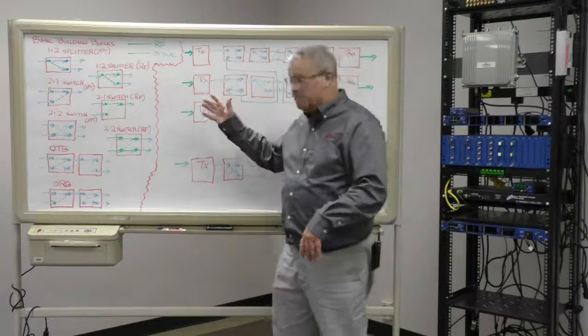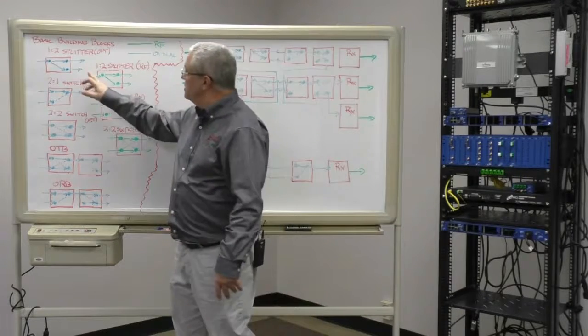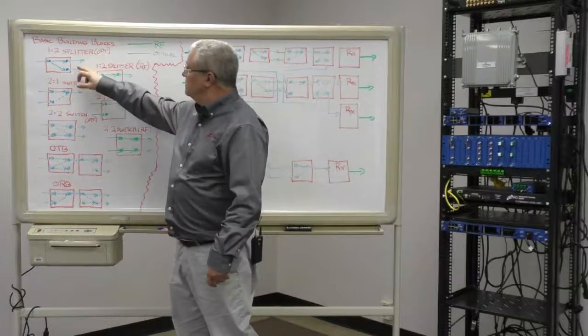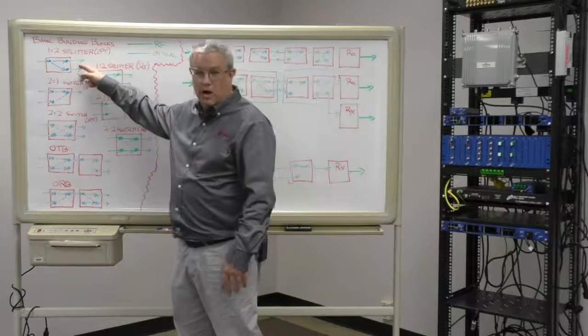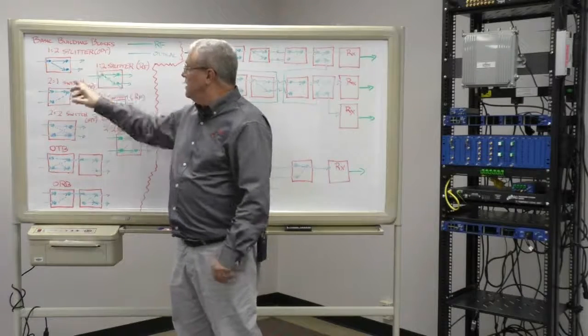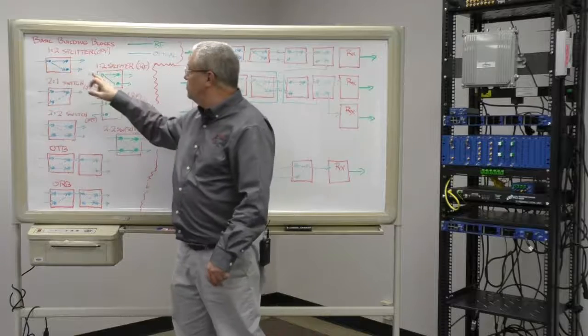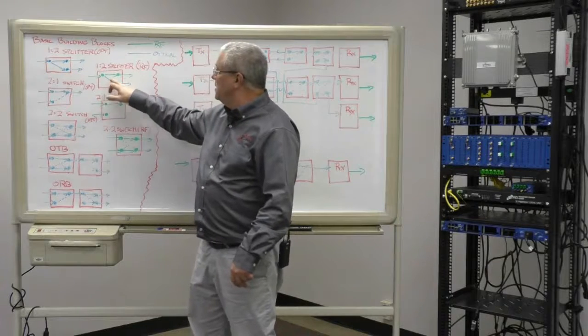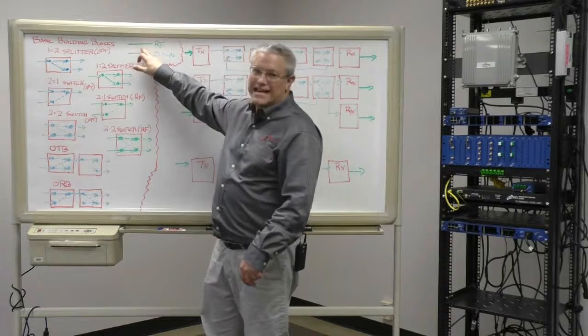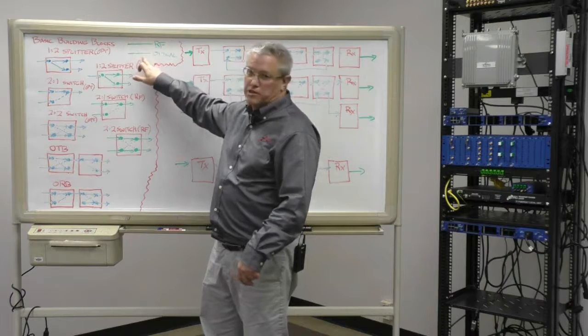The basic building blocks of all of these cards at the very basic level are 1x2 splitters, and those are both optical and RF. In my diagrams up here, green is RF and blue is optical.